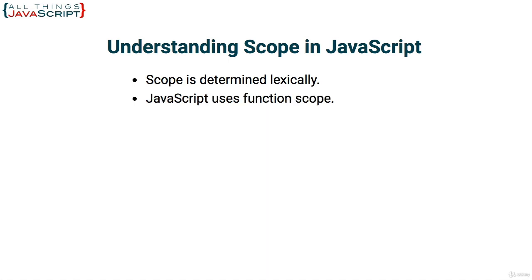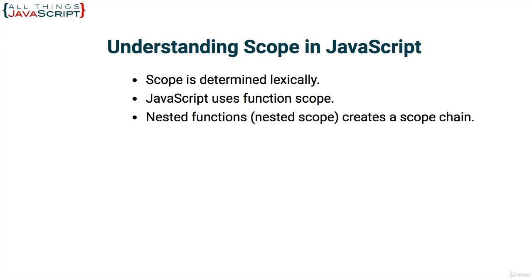Second, JavaScript uses function scope. When a new function is declared, that creates scope. Everything in JavaScript starts in the global scope, but as you begin creating functions, that creates scope as well. And then finally, nested functions.